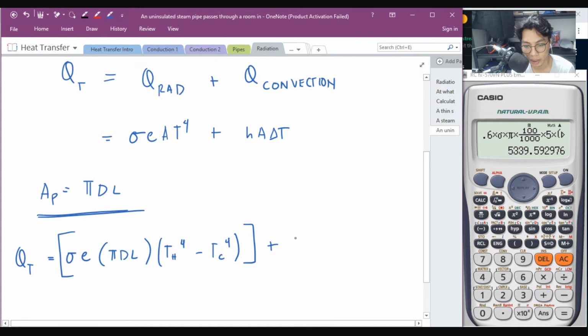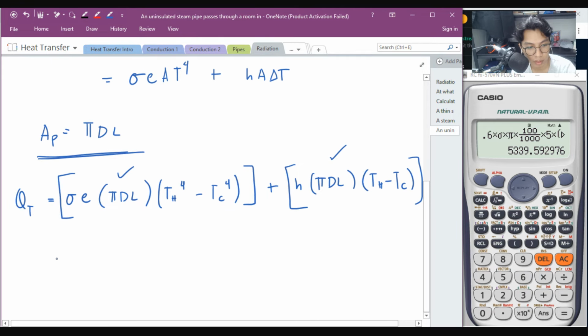Plus h pi D L. Okay? Tapos, ito, delta T. So, T nung hot side minus T nung cold side. Ayan. So, may nakita kayo dyan. Pwede nating factor out, ilabas natin. So, Q total, divide ko na agad ng length kasi factor ko na yan.